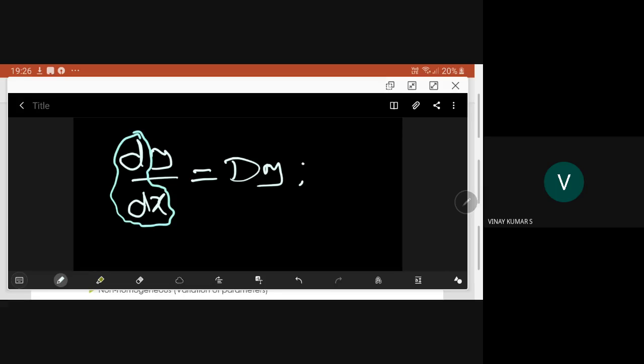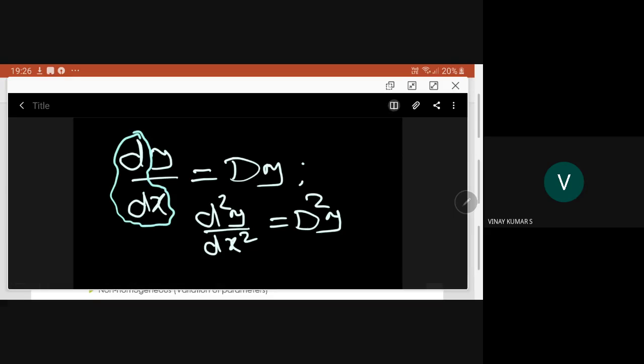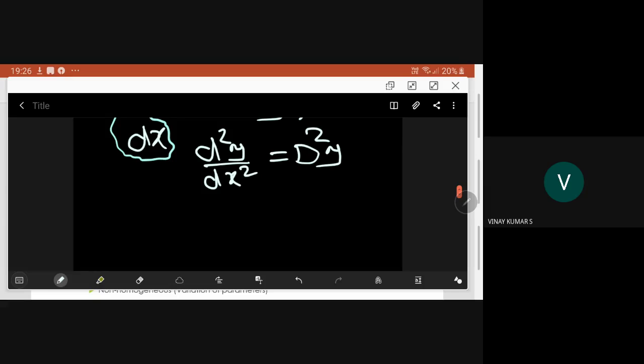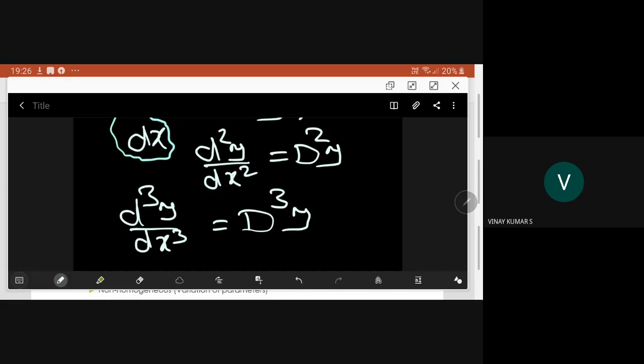Similarly, d square y by dx square we write as D square y. Similarly, d cube y by dx cube is represented as D cube y.